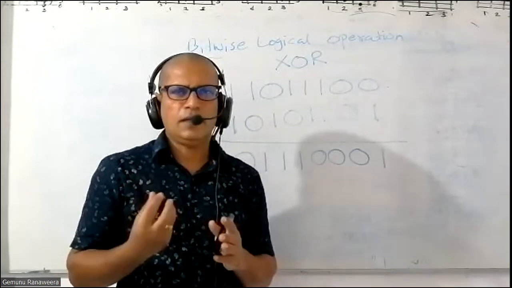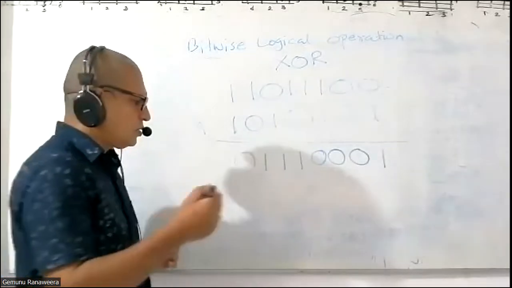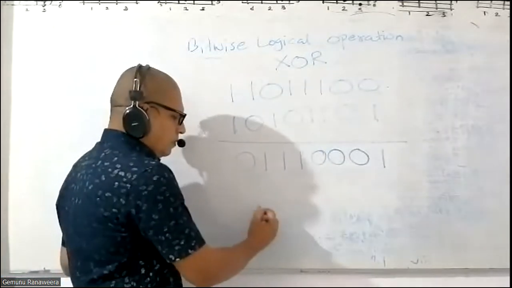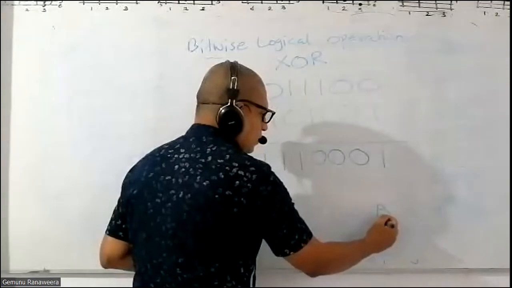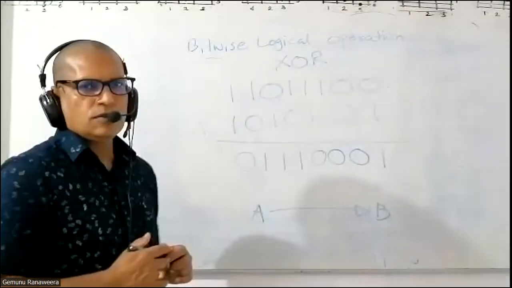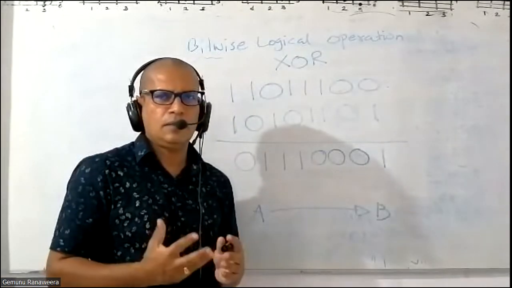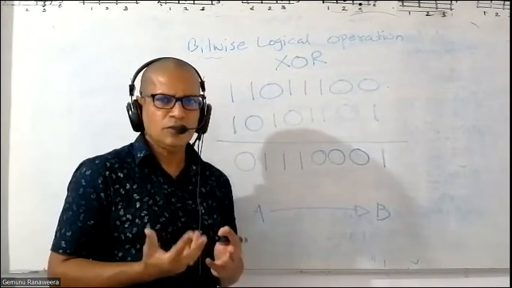So what is meant by cryptography? In networking, you communicate a message from one place to another. Let's say A to B. When you communicate a message, you especially have to think about security. Why?